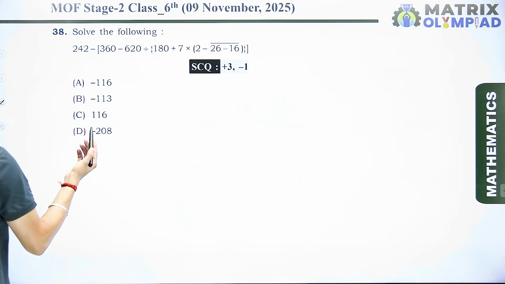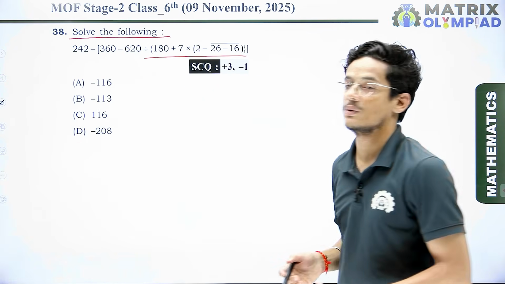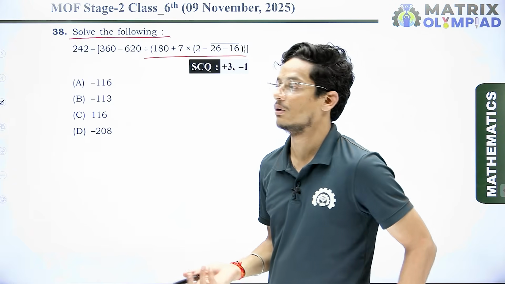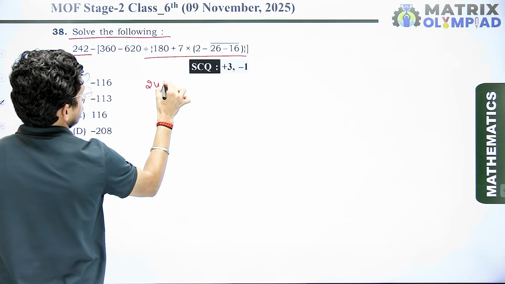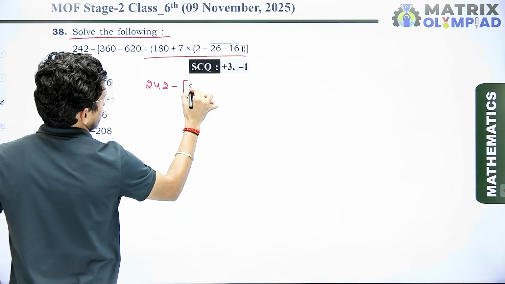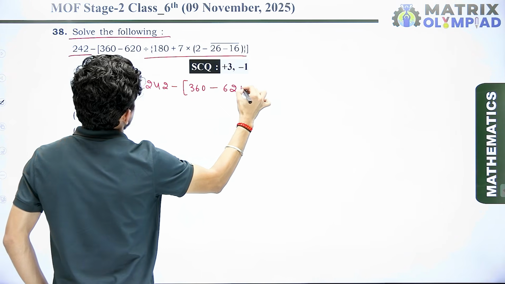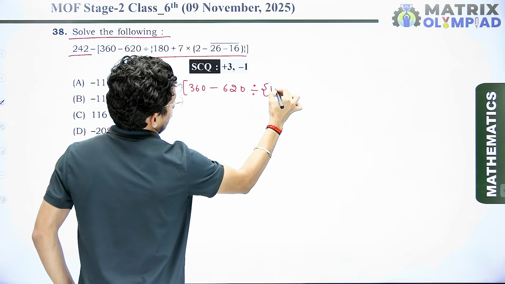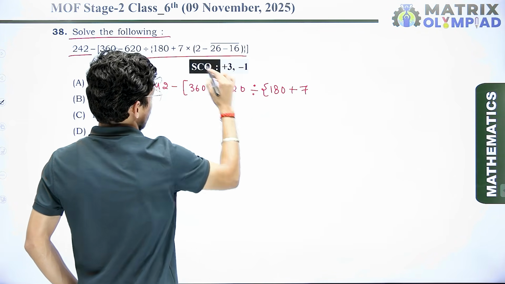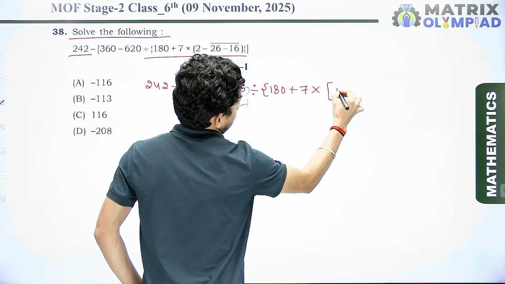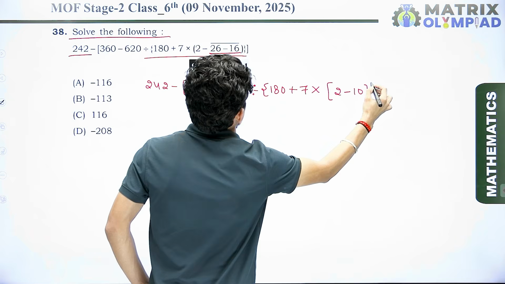Now the next question: solve the following. We can solve this question with the help of the BODMAS rule. Here we have given 242 minus 360 minus 620 divided by 180 plus 7 multiplied by 2 minus 10.